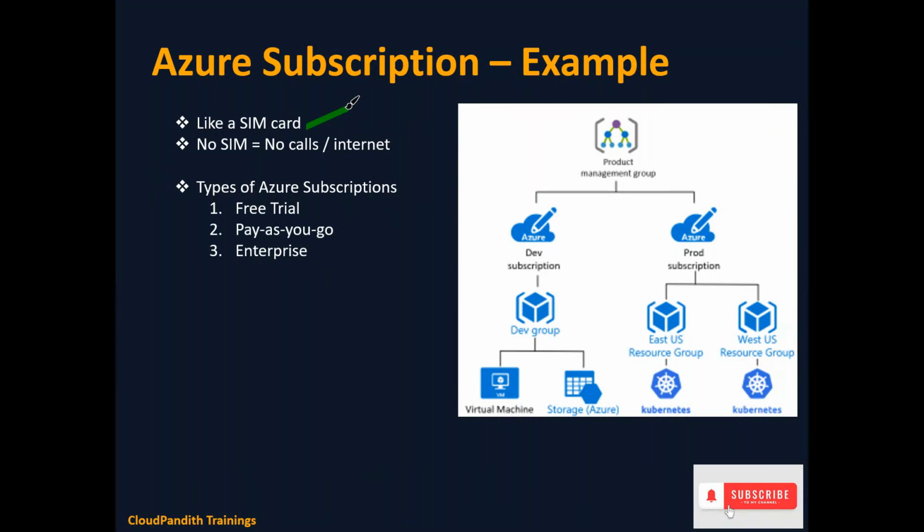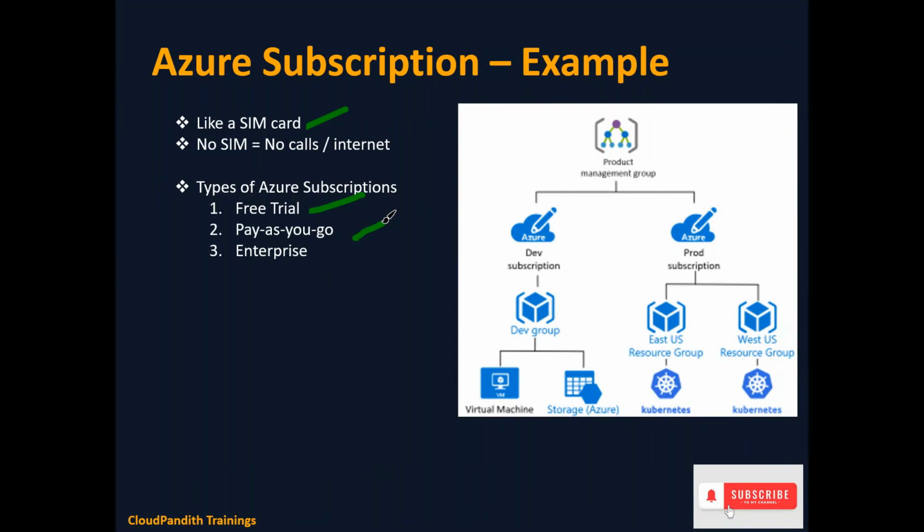Based on who pays the bill, there are three types of subscription you will generally see in real time. First, the free trial subscription, like a demo SIM card. Azure gives free credits for learning and practice. Next, we have the pay as you go subscription, like an electricity meter. You pay only for what you use. Every month you get a bill for your electricity and make the payment.